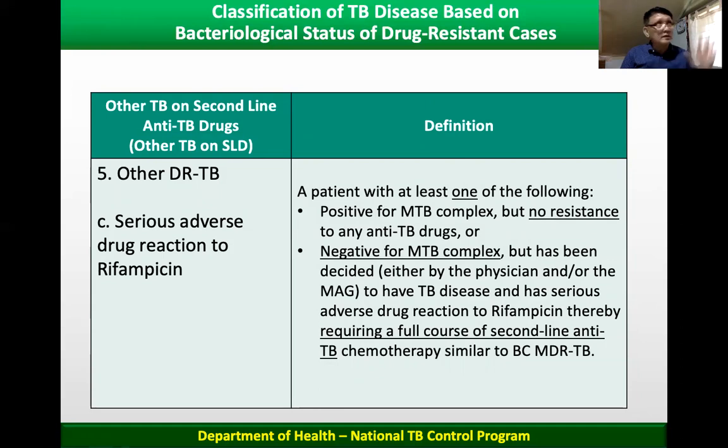Or it could be negative for MTB complex, but has been decided, either by the physician or the TB-MAC, to have TB disease and a serious adverse drug reaction to rifampicin, thereby requiring a full course of second-line anti-TB chemotherapy similar to BC-MDR-TB.